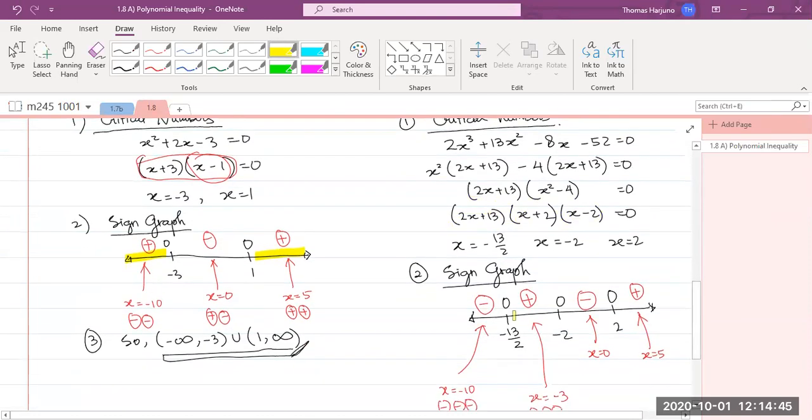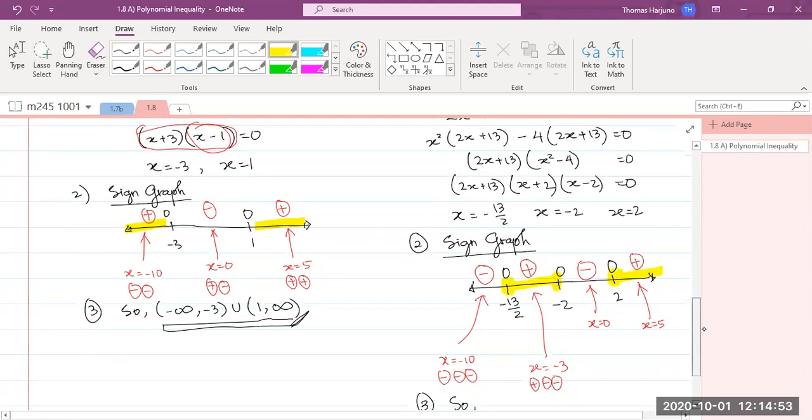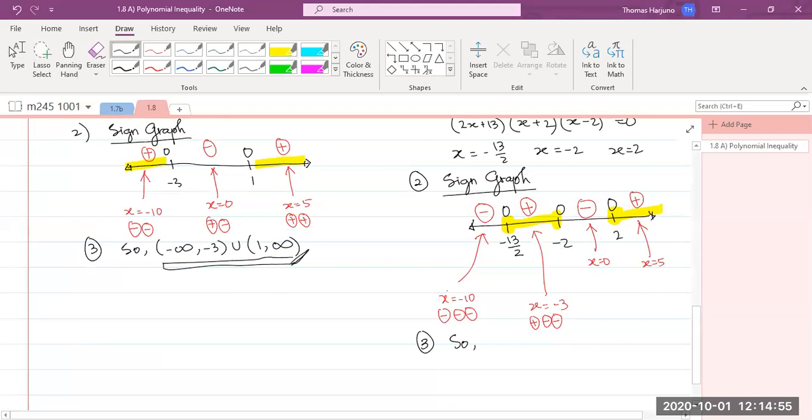So positive and 0. So the solution will be from negative 13 over 2 included up to negative 2 included, union, included 2 up to infinity.